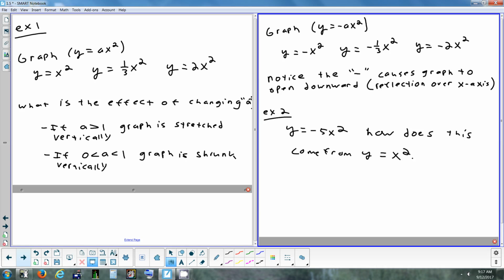All right. So a kind of problem you might see on a test is using what we call the parent function, the basic parabola without anything done to it. Explain how you would get the graph of negative 5x squared.